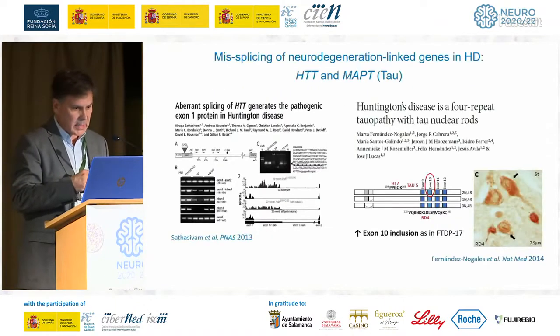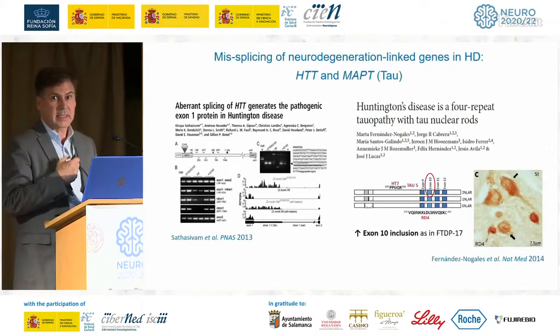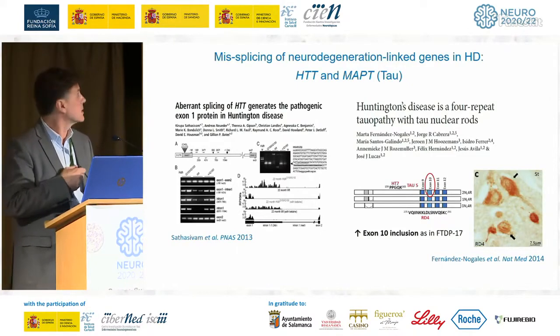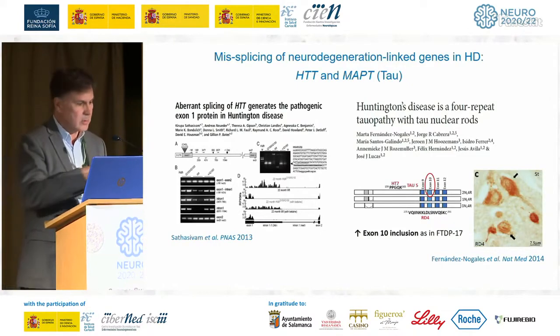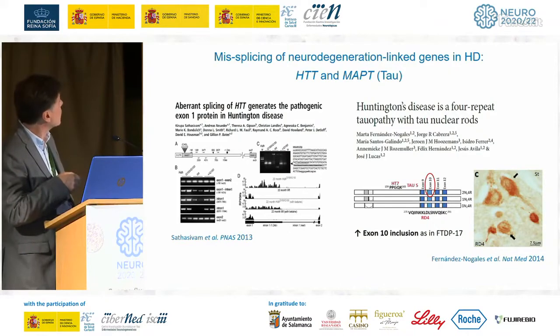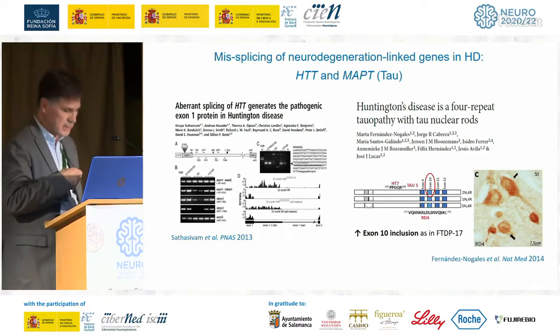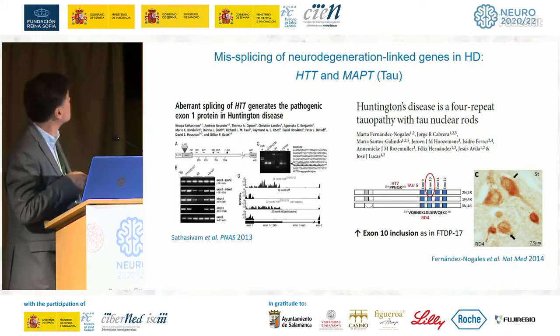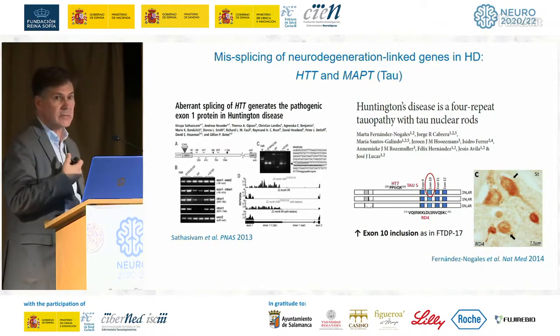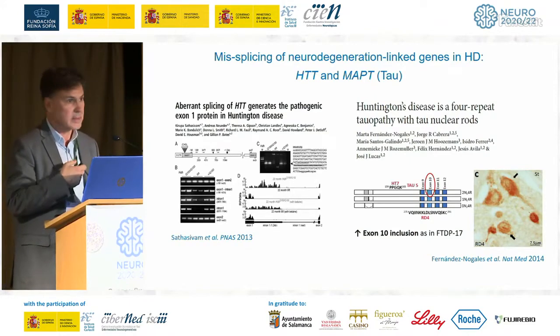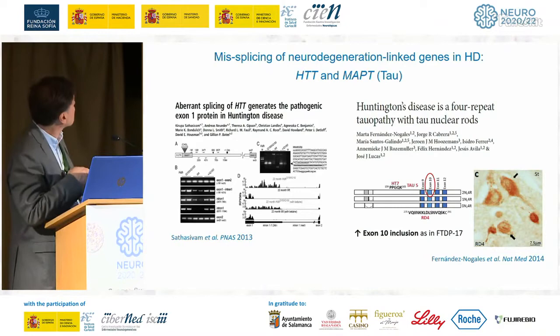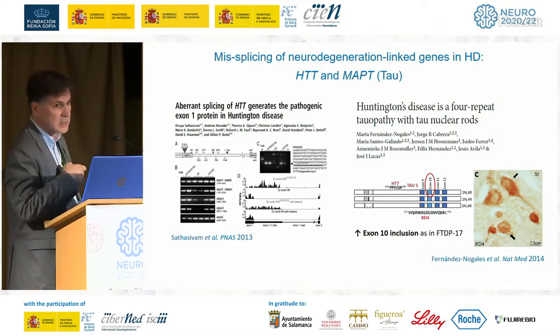And regarding splicing, the interest in alternative splicing in Huntington's disease started approximately a decade ago. And the first report was this study by Gillian Bates in London, where she found that the splicing of the Huntington gene itself is altered in the disease, probably because of this CAG repeat in the first exon.